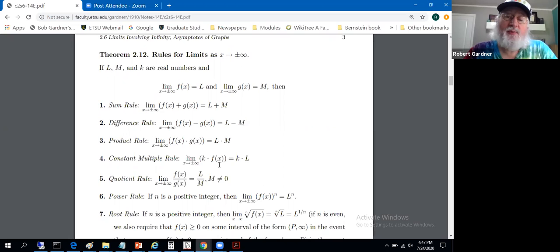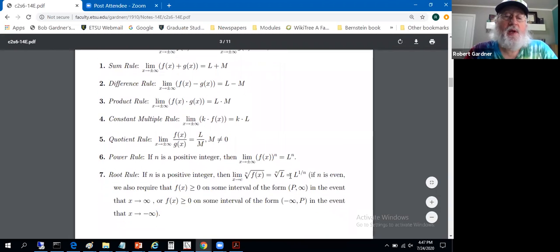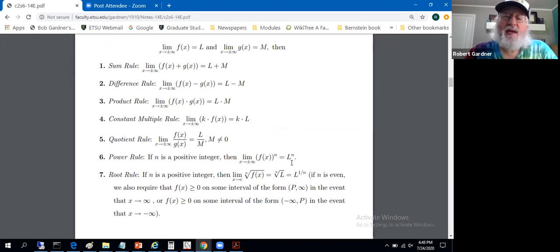You take a scalar multiple times a function, you can bring that scalar out front. Limit of a quotient is the quotient of the limits, again, if you don't get 0 in the denominator. Limit of a function raised to a power is the limit raised to that power, L to the n.